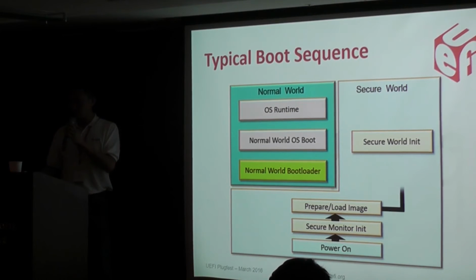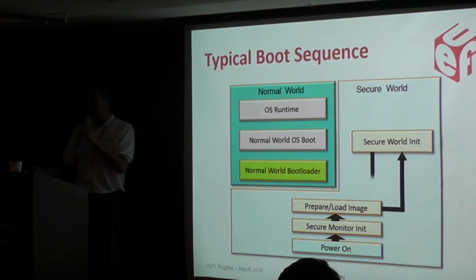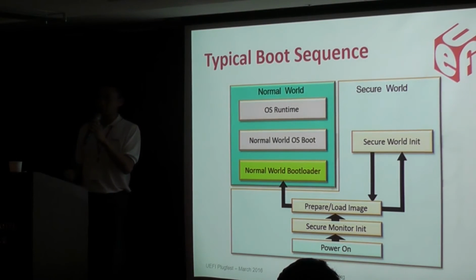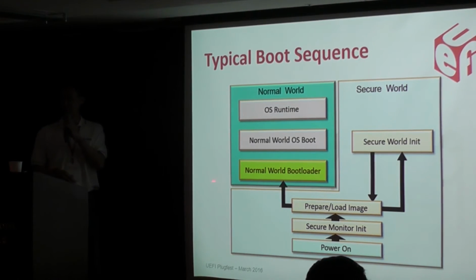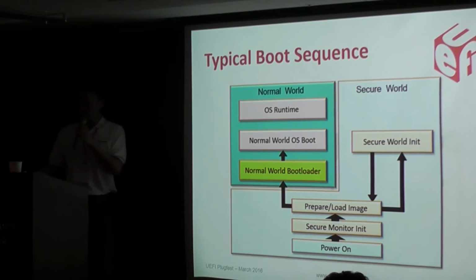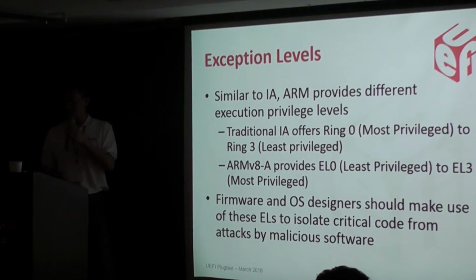The Trusted Firmware will initialize the secure world, the services and the kernel over there. If you support OP-TEE, OP-TEE will be here as well. Then the system will give control to the normal world bootloader, that's UEFI, though many other firmware architectures can be in this stage. For UEFI, once it finishes initialization, it gives control to the OS bootloader, then to runtime. That's the typical sequence.